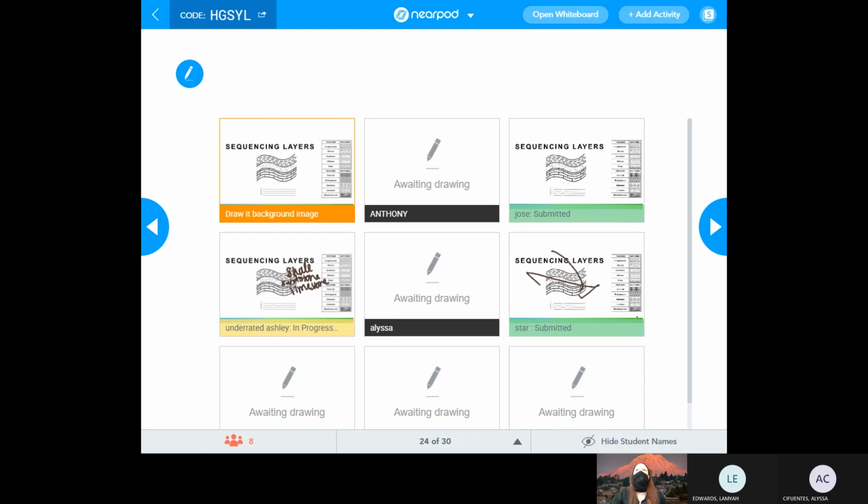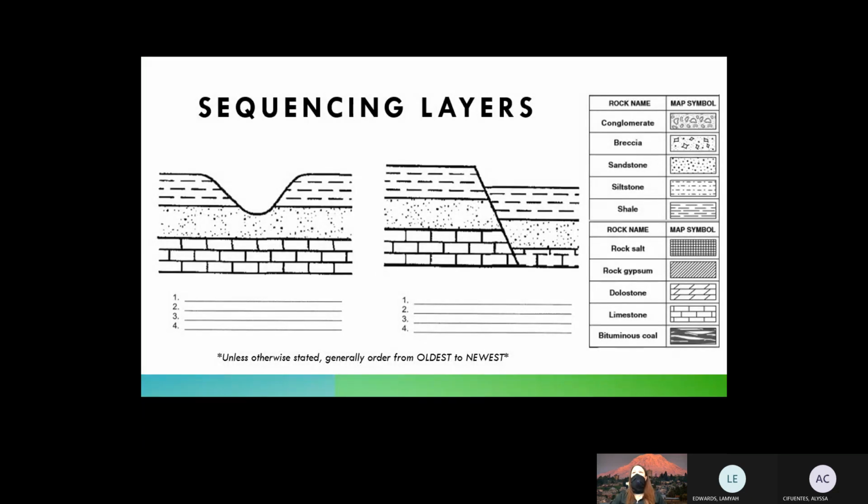All right, so I'm going to review some of the stuff that we did previously. When we were looking at these layers, I gave you a legend to be able to tell what type of rock layers there were.